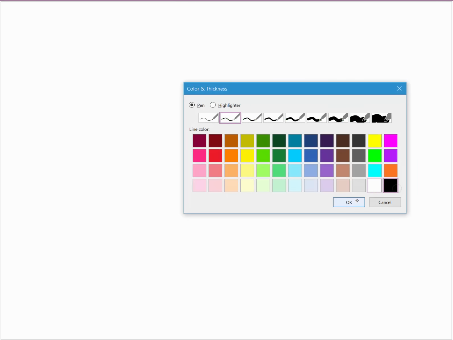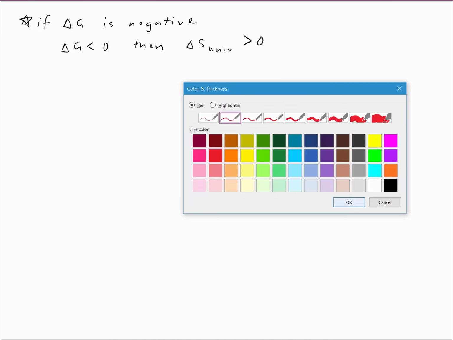What that means is if delta G is negative, then delta G is less than 0, then delta S universe is going to be greater than 0. And if this ever happens, this process would always be spontaneous.